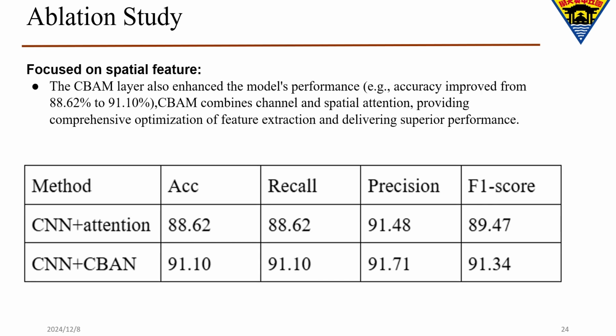But that's not the only study we're going to show. The second study, we compare it with the traditional attention. We also got a CNN plus attention layer version. But the thing we're going to point out is that CBAM has the spatial knowledge of the model.